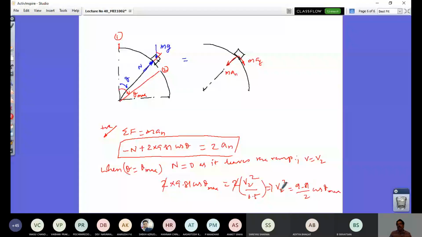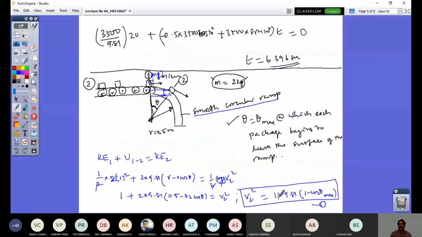This is what is my V2 square. So this is my second equation. So we had already first equation here, and I have second equation. So in this now I can substitute this V2 square, comparing 1 and 2, I can solve for cos theta max. That's all.